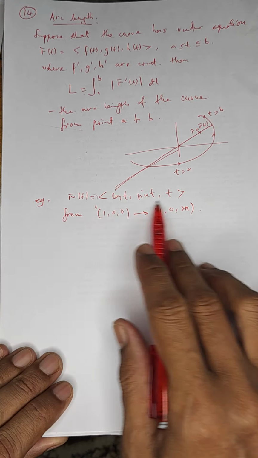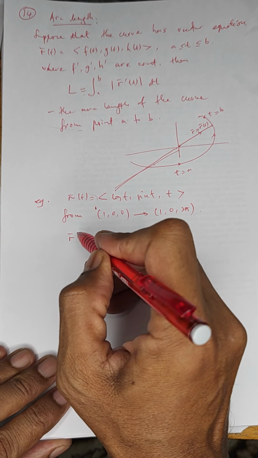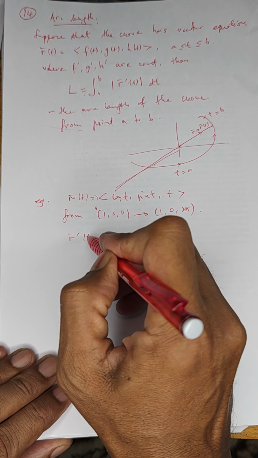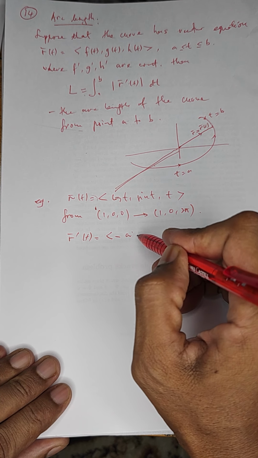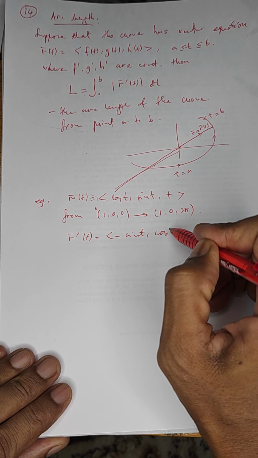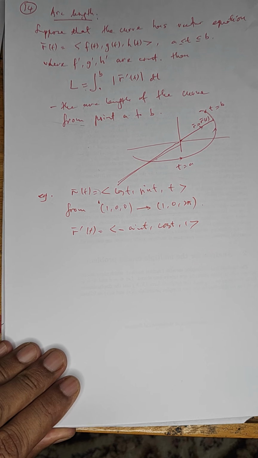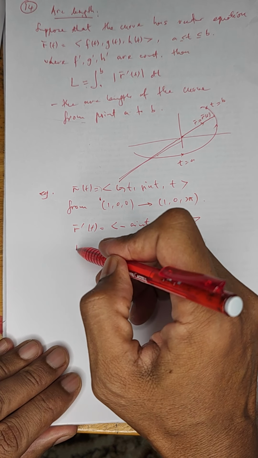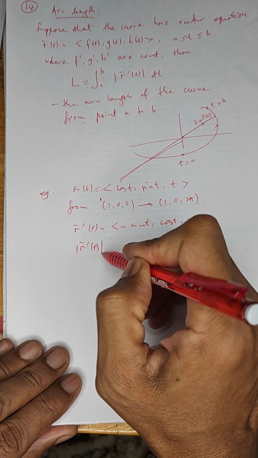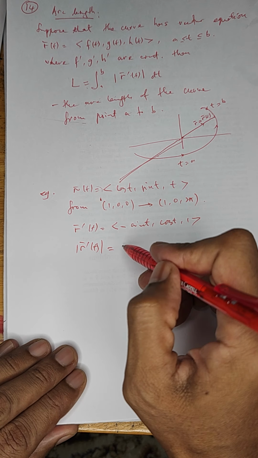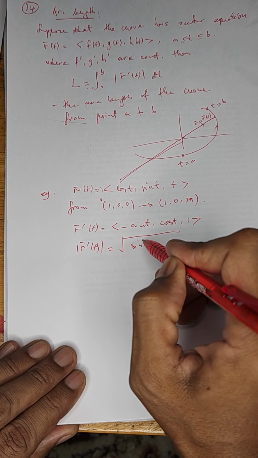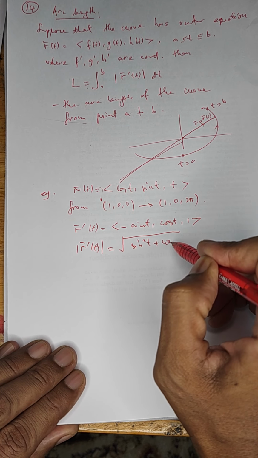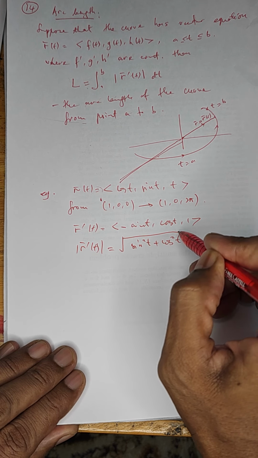If you differentiate this, we have negative sin t, cos t and 1, and we find the magnitude of r prime. That gives us the square root of sin squared plus cos squared plus 1.